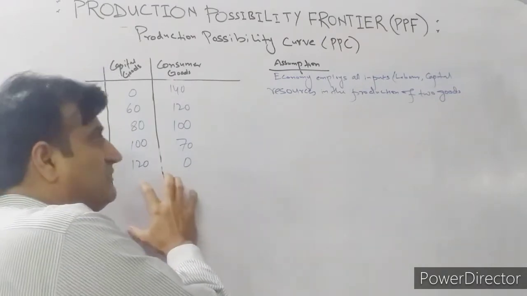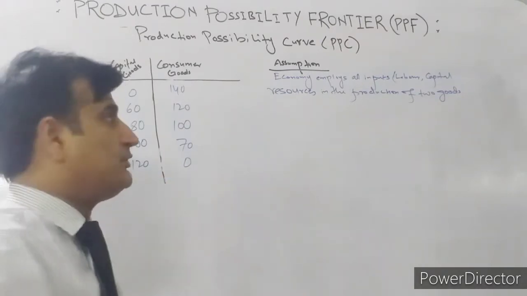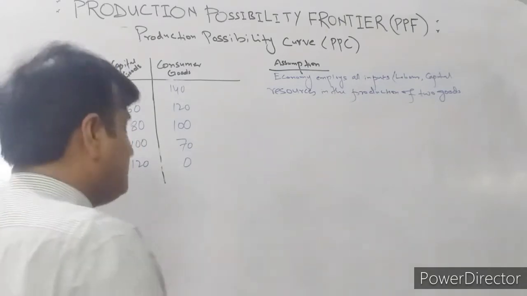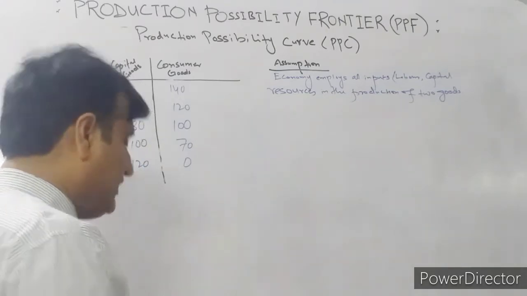So these are the different options available to an economy to produce the two goods, capital goods and consumer goods. This can be converted into a graph.